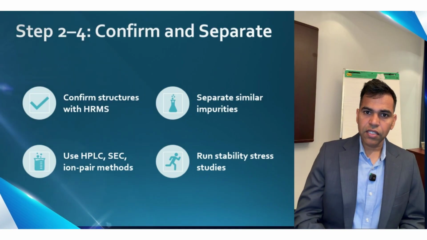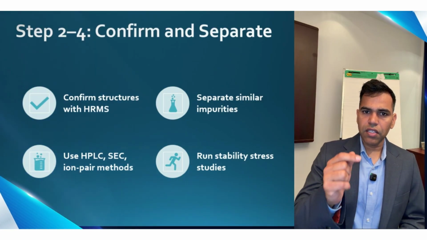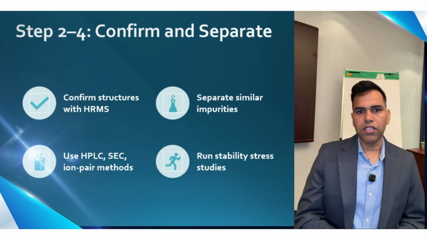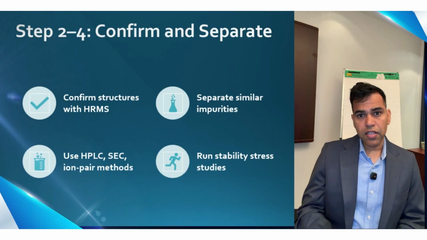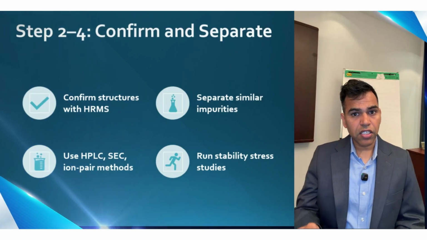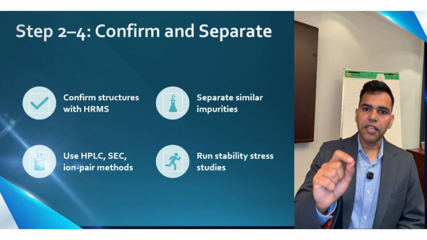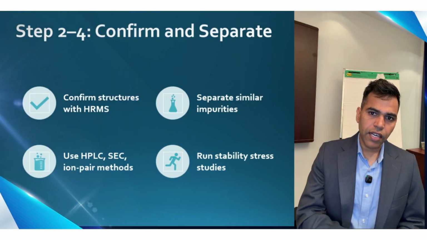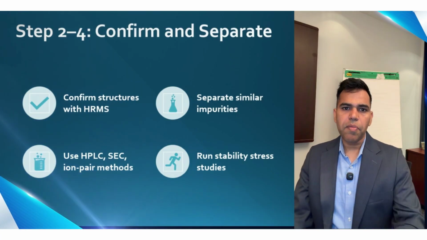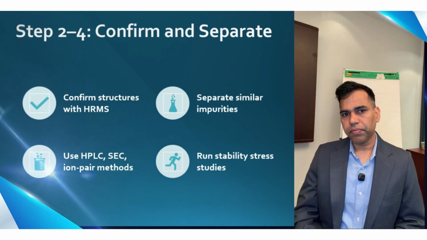After detection, confirmation and separation define the depth of your characterization. HRMS delivers accurate mass. MS fragmentation allows you to sequence the impurity structure and determine whether it is peptide-derived, oligonucleotide-derived, or a hybrid species from an aberrant conjugation event.